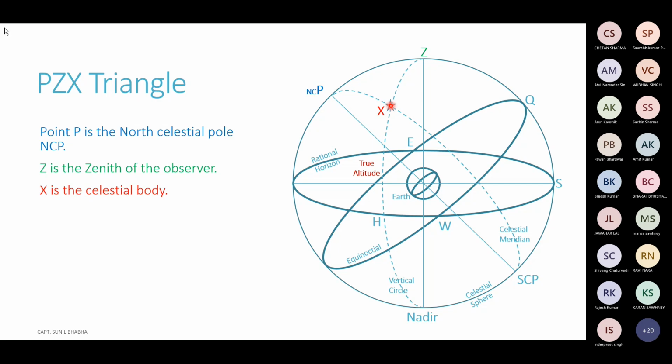Now let us try to go a little deeper into the different parts of the PZX triangle. Let's concentrate our attention on the Earth in the center. This circle here represents the equator. And this position, which is exactly on top of the Earth in our diagram, represents the observer's position.